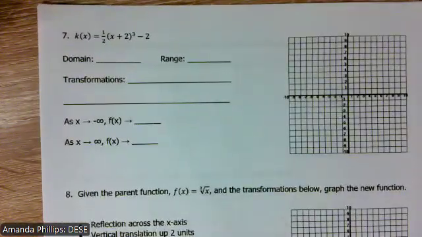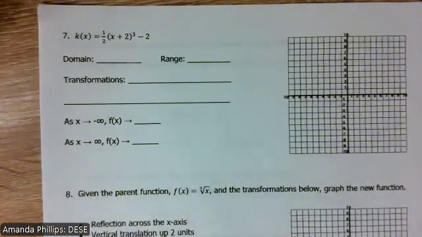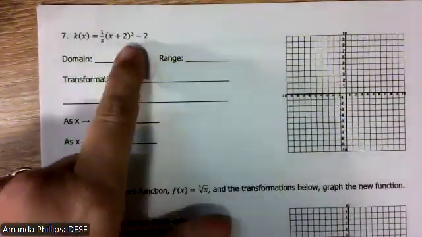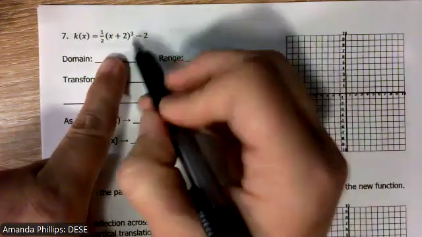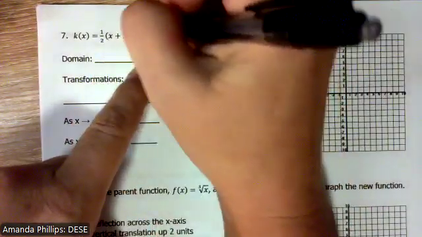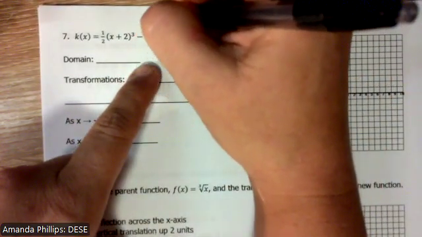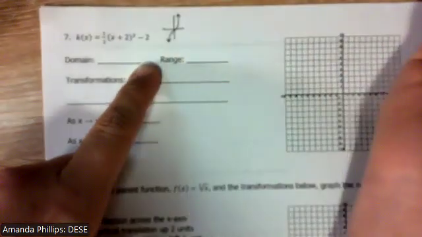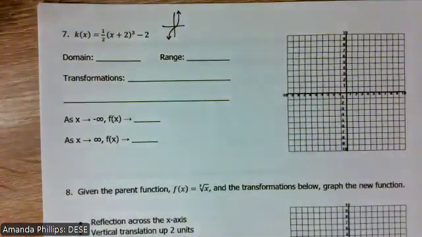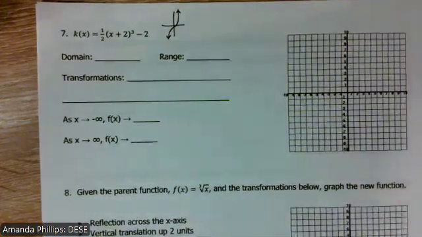Okay, so again, pay attention to what is happening. This is a cubic function because of this 3. The parent of a cubic function looks like this. That's the parent, but we at least know what it's going to look like when we are done.